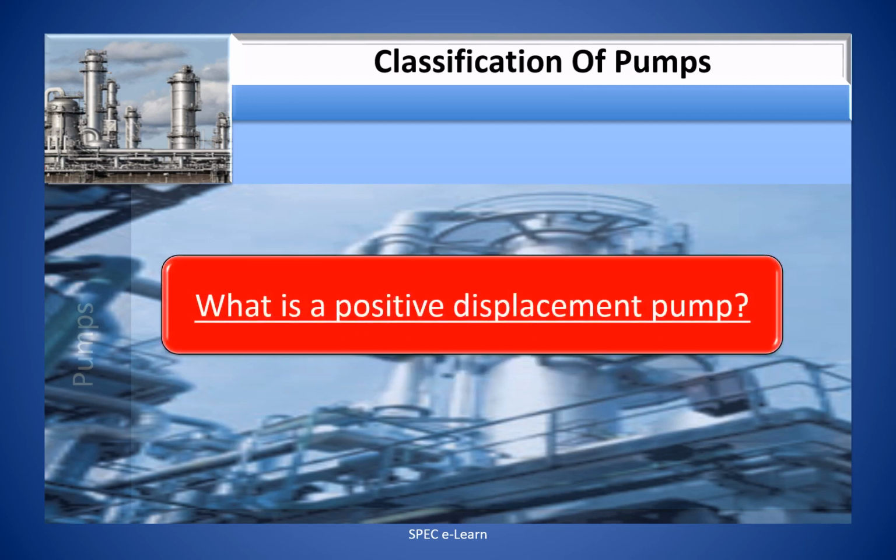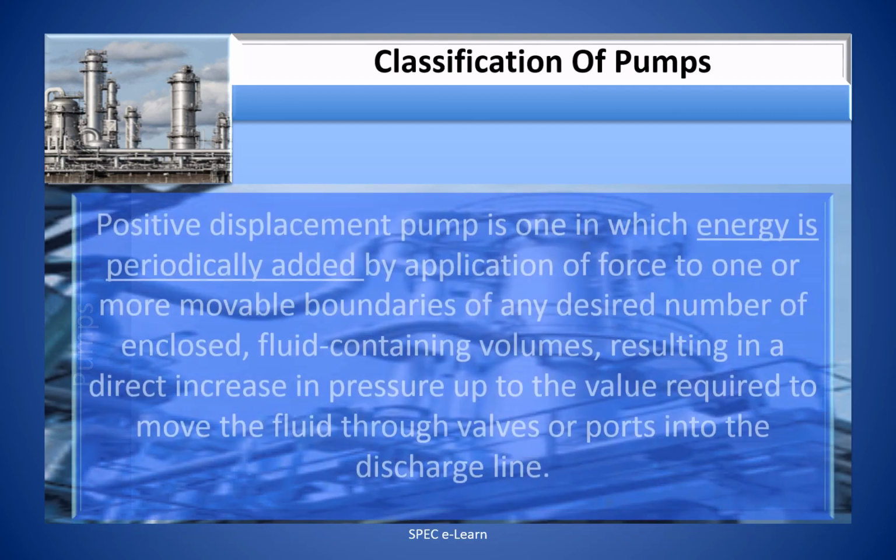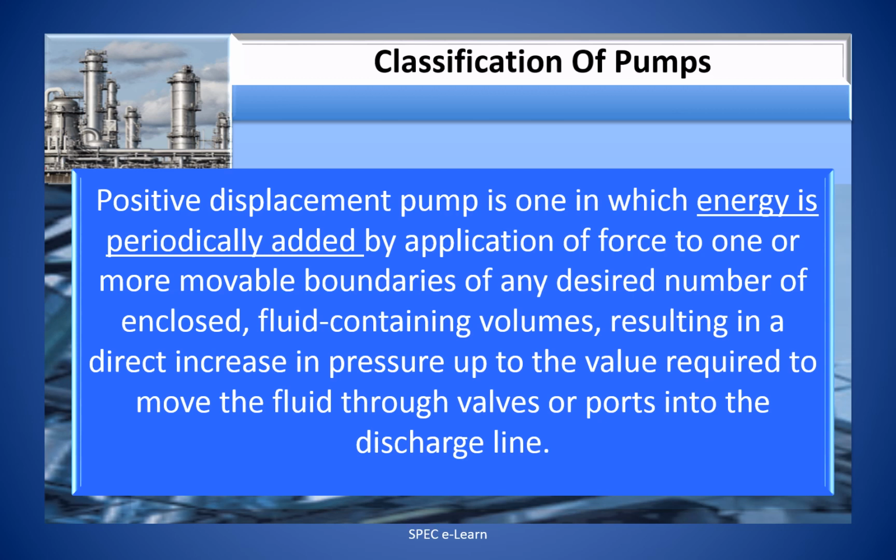What is a positive displacement pump? A positive displacement pump is one in which energy is periodically added by application of force to one or more movable boundaries of any desired number of enclosed fluid containing volumes, resulting in a direct increase in pressure up to the value required to move the fluid through valves and ports into the discharge line.